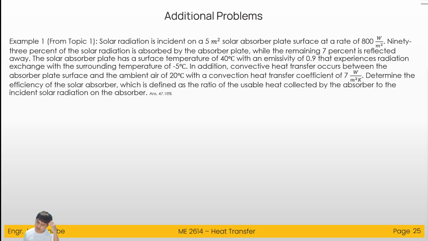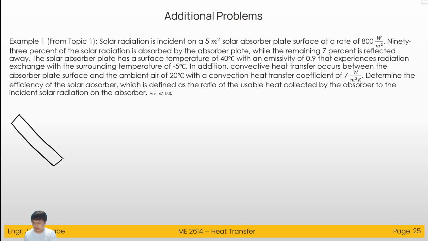Let's first imagine the problem before we solve it. The problem says that we have a solar absorber plate. If you're not familiar with an absorber plate, it's like a solar PV module.